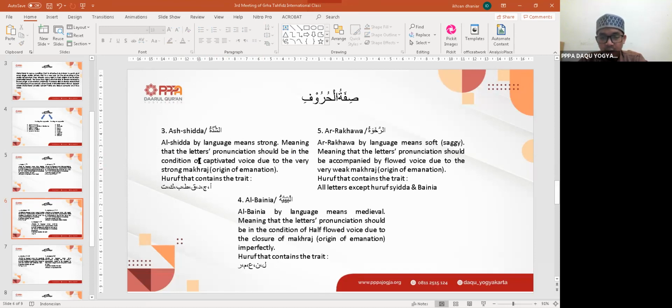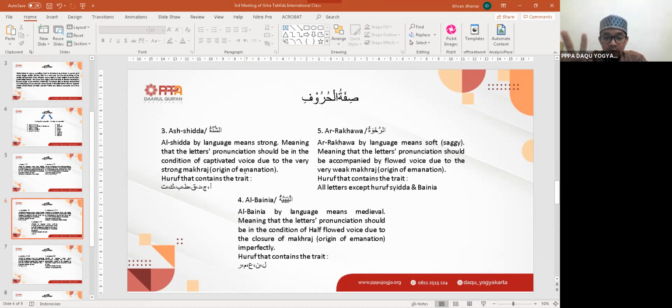In the previous sifat, we were talking about the breath, and in these three sifat, or traits, we will talk about the voices. It's all about the voice in these three sifat.